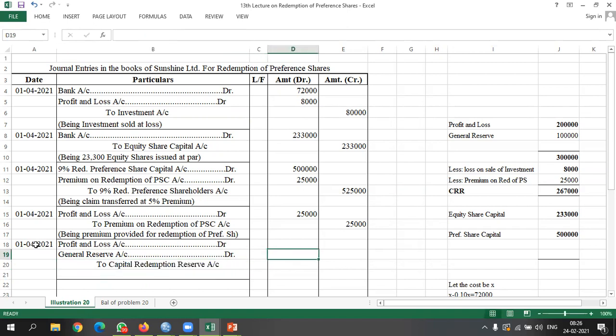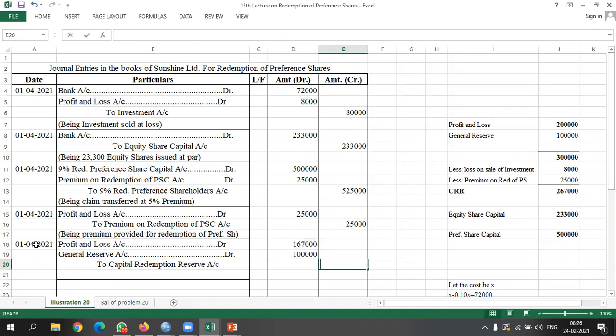So in profit and loss account, we had a balance of 2 lakh rupees. So 8,000 we made a loss and 25,000 we provided as premium. So here it will be 1,67,000. And in general reserve we have a balance of 1 lakh rupees.